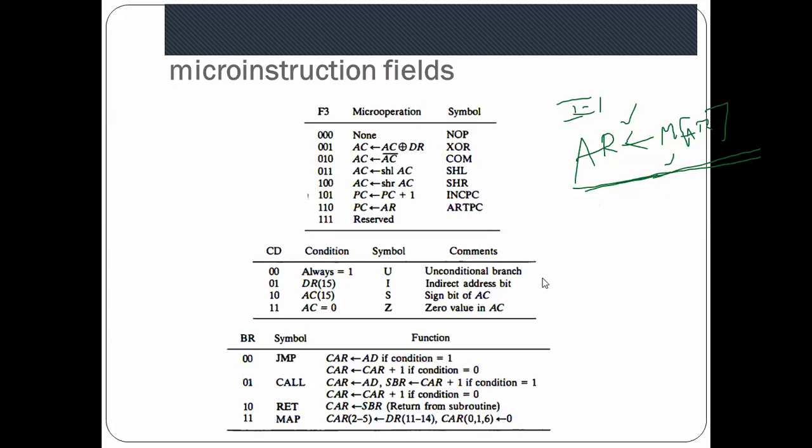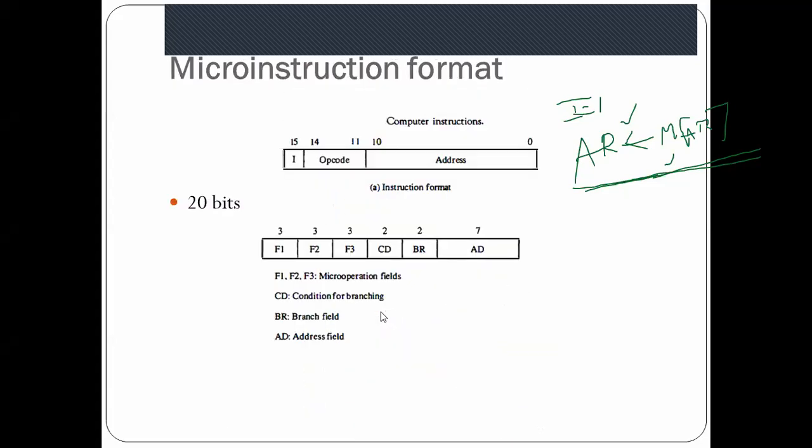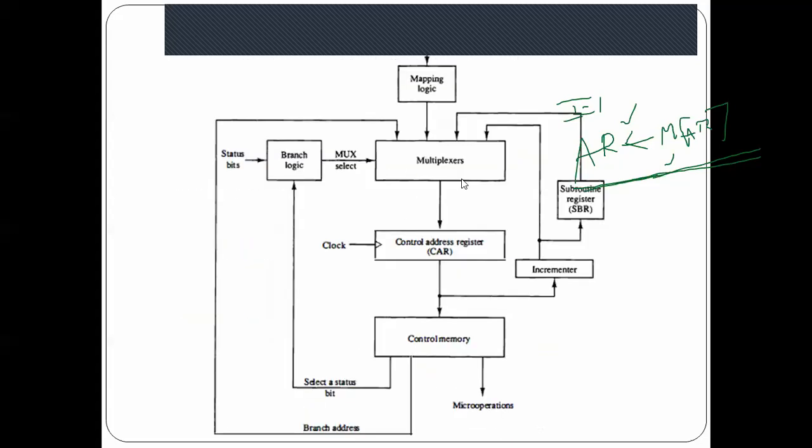And finally, map. Based on the opcode field, you will get a new address, so CAR will be loaded with that new address based on the mapping logic. There are 4 ways of loading your CAR here, and they are the branch field: conditional or unconditional branch, where the address field can be copied, or the new address can come from the mapping logic, or from SBR during the return instruction, or the new address is available in the control field itself.